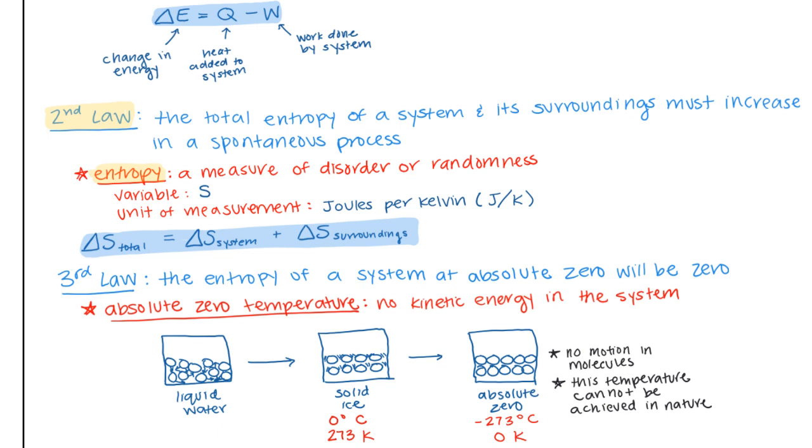And the idea behind this law is that our total entropy, which we are calculating with this equation, for a spontaneous process needs to be greater than 0. It must increase. So that is another way to sum up this law here.